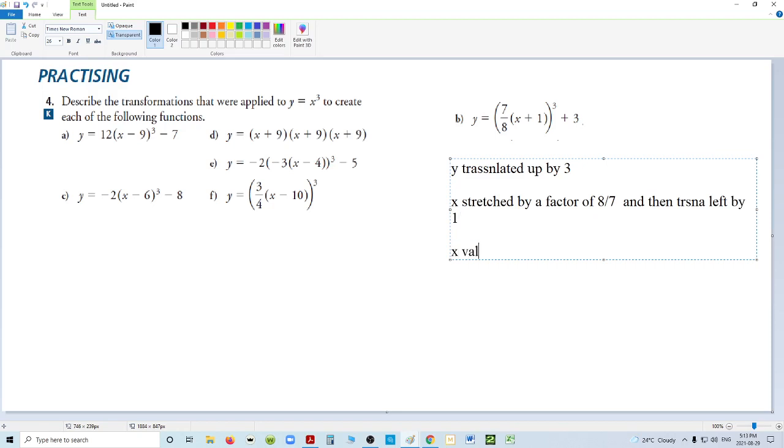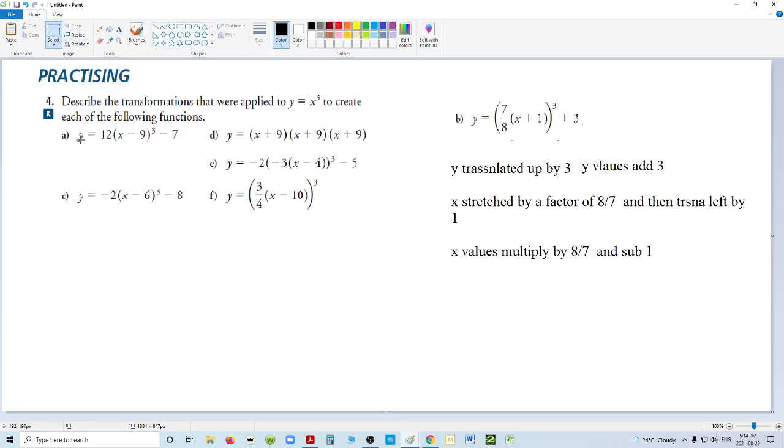So you take all your x values, you multiply it by 8/7, which is the reciprocal of 7/8, and then subtract 1. And you'll get all your new x values and all your new y values. Oh, the y translation here is simply take y values, add 3. And there you go. You can see how easy the y values are.